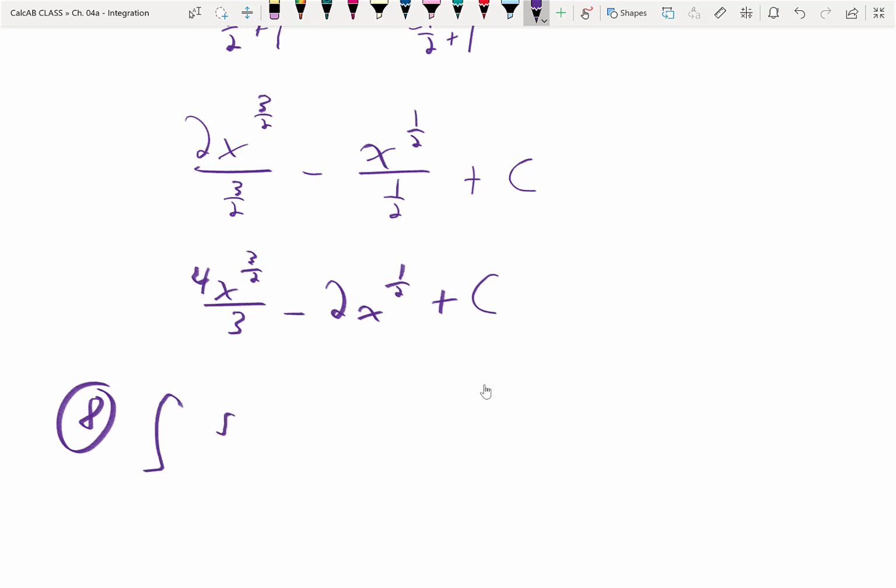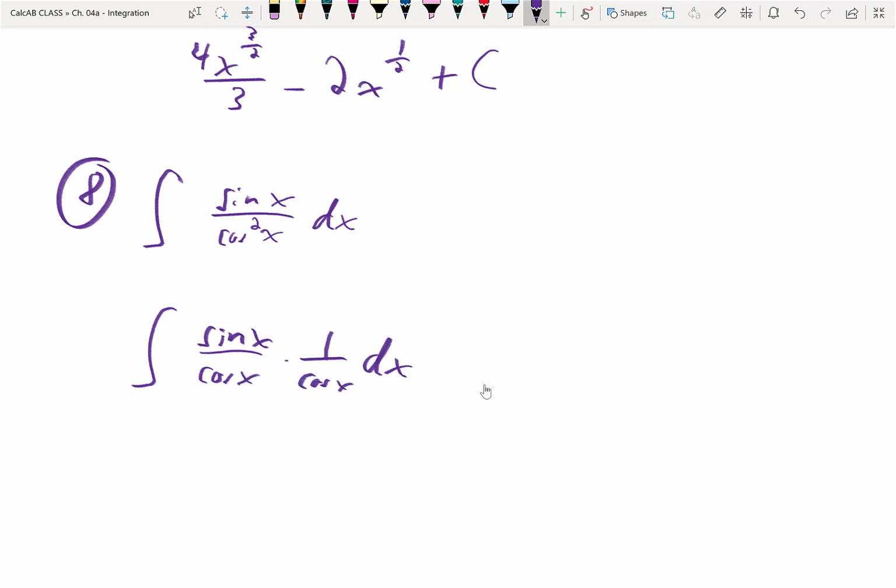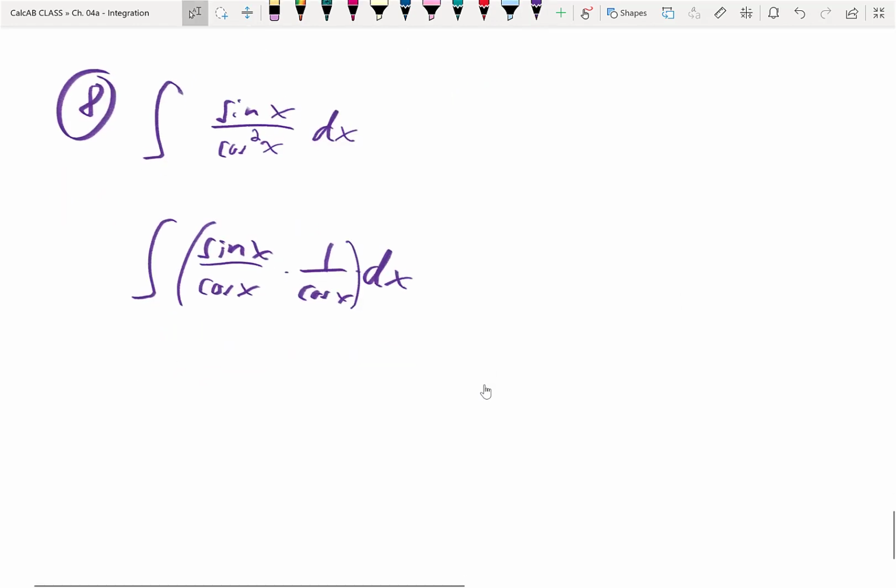Last one. Sometimes you might need to do a little bit of substitution, some trig substitutions. If I were to break this up into sine x over cosine x times 1 over cosine x times dx, isn't this just the integral of tangent of x secant of x?